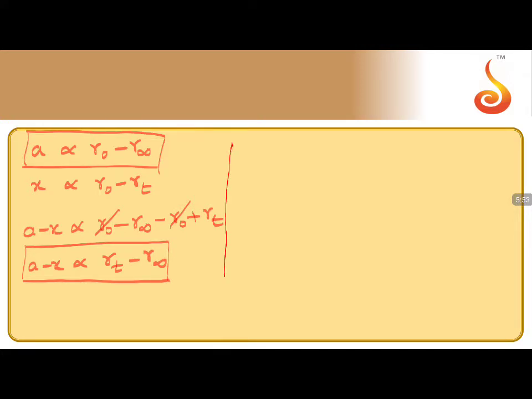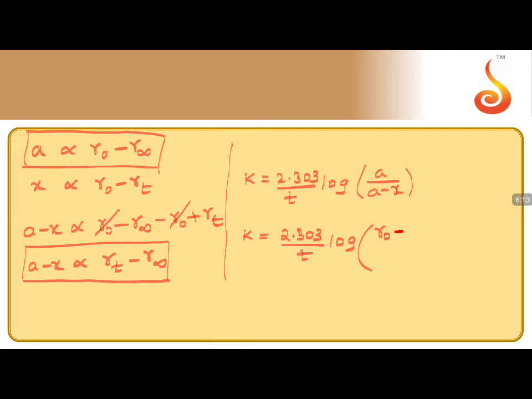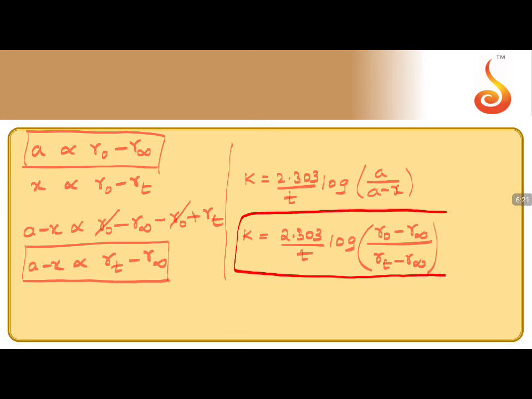Can we use the equation k equals 2.303 by t log of A by A minus X? A by A minus X can be written as R naught minus R infinity by Rt minus R infinity. So that gives your answer to experimentally determine inversion of cane sugar.